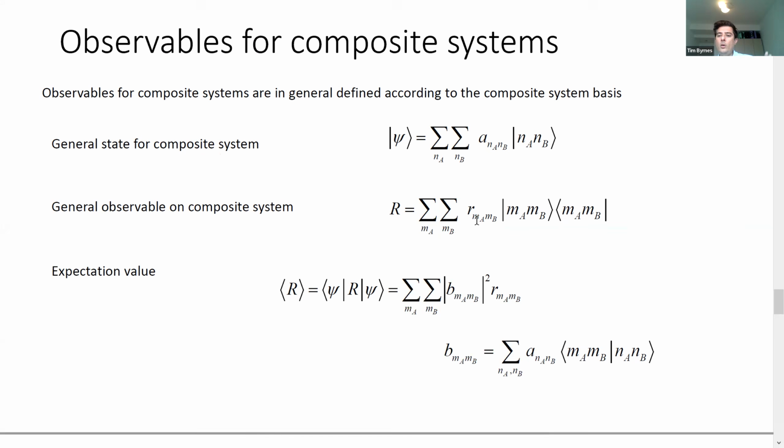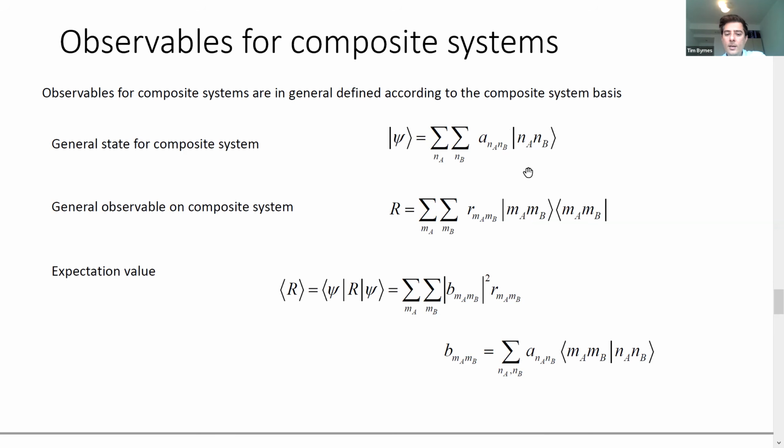So basically in this composite system case, everything looks exactly the same, except that all the states have two variables, because there's Alice and Bob, and each of those different combinations is going to give a particular state. So this is the state that we have, and if we did a measurement in a different basis, say this M basis, which might not be the same as the N basis, we saw that that doesn't really matter.